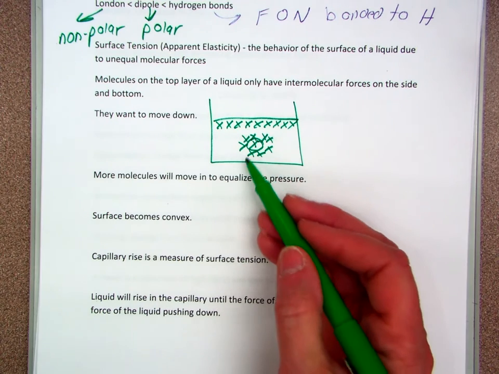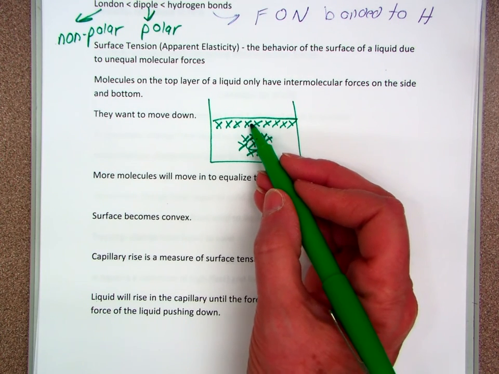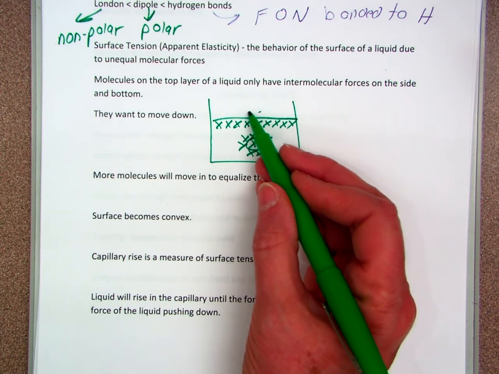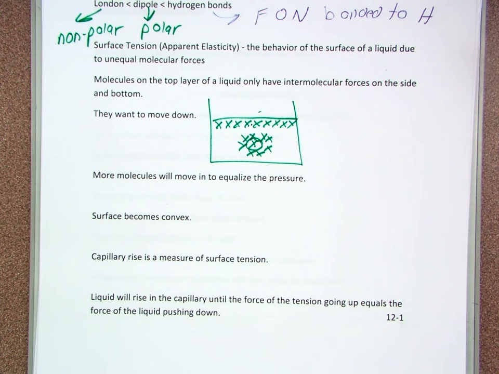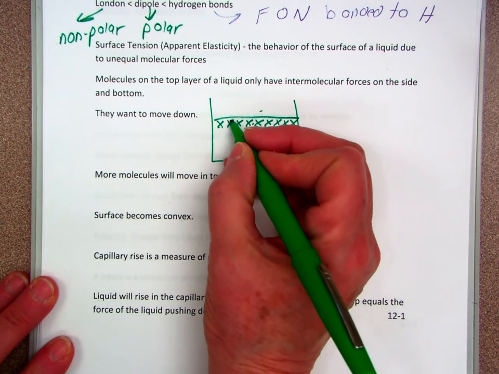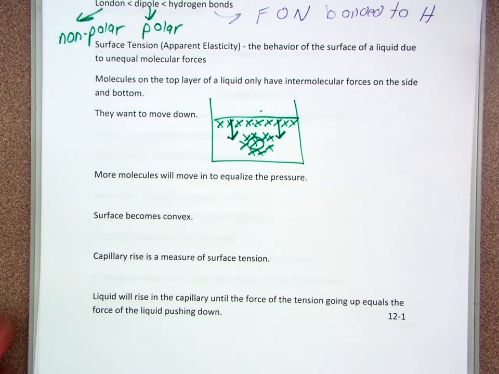So it feels very even intermolecular forces. But if a molecule is at the surface, there are no molecules up here to attract it, and so it feels an uneven force due to the molecules around it and below it. This causes these molecules to want to move down into the container to equalize those forces.